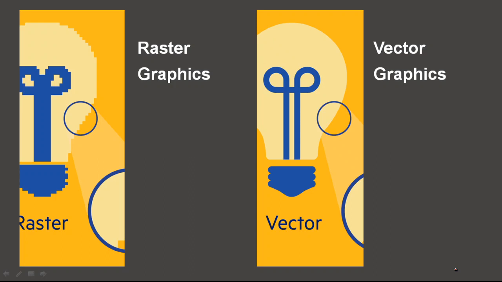Now let us discuss types of computer graphics. There are 2 types of computer graphics, raster graphics and vector graphics. Raster graphics are composed of pixels. We have just learned about pixels. And vector graphics is composed of paths and lines.